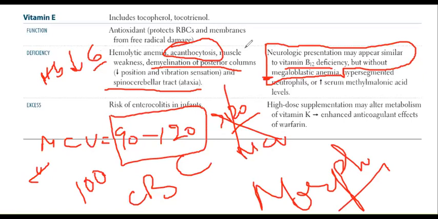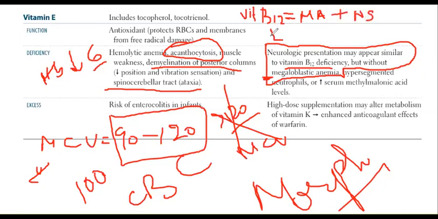because in B12 deficiency we have neurologic symptoms plus megaloblastic anemia. But in vitamin E deficiency, we have hemolytic anemia and acanthocytosis. We do not have megaloblastic anemia, but we have neurologic deficiencies. So you can write in your notes that in vitamin B12 you will see megaloblastic anemia plus neurologic symptoms.